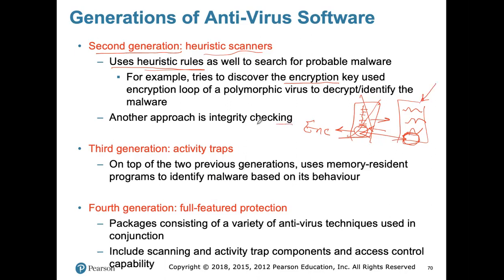Another approach in the second generation of antivirus is to use integrity checking. Integrity checking means that they look at the integrity of the system. They change their point of view. They don't look at the code in the main memory in order to find the malware. They look at the user's files and documents in order to see if they are safe or being compromised.